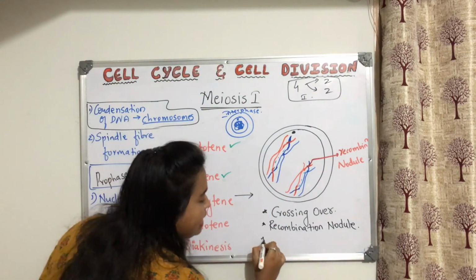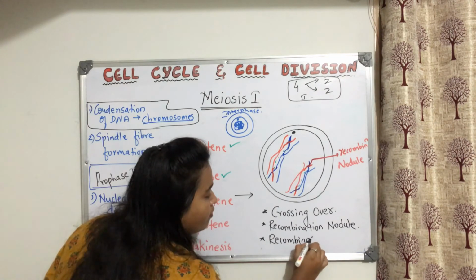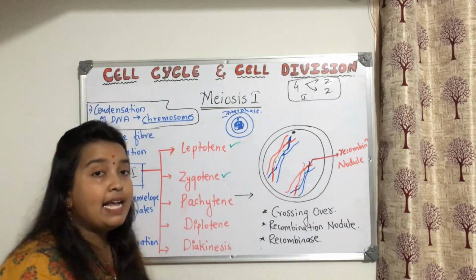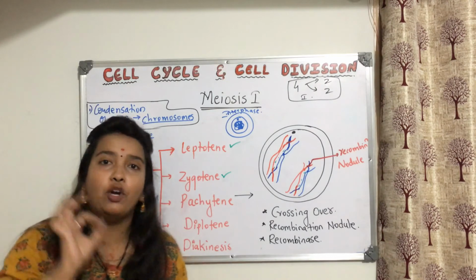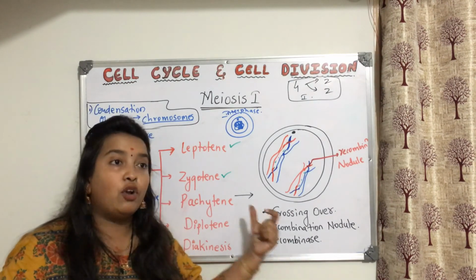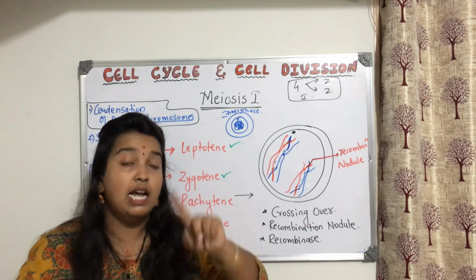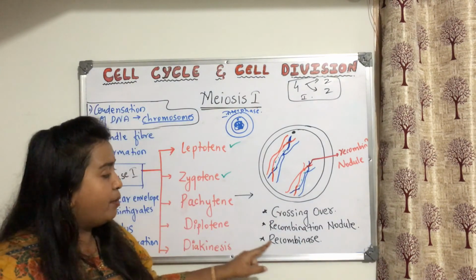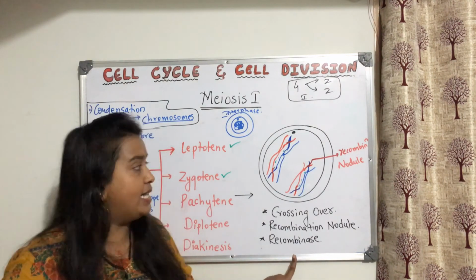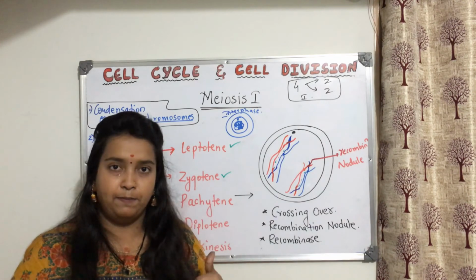Now what is the importance of this nodule? This nodule has an enzyme called recombinase. This is important. Now what does this enzyme do? You know that crossing over leads to recombination of genes. That means, try to understand, because of this enzyme, the recombinase enzyme, the chromatids will exchange their segments.